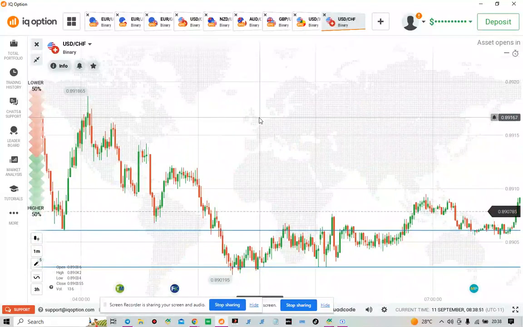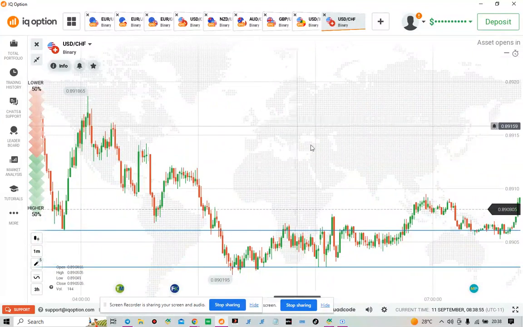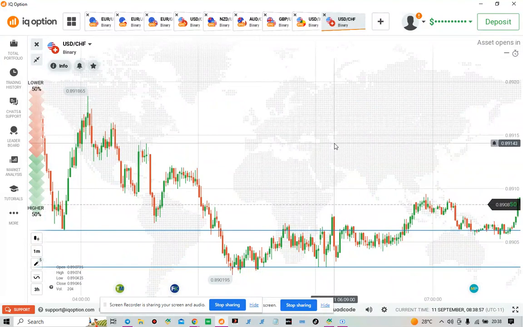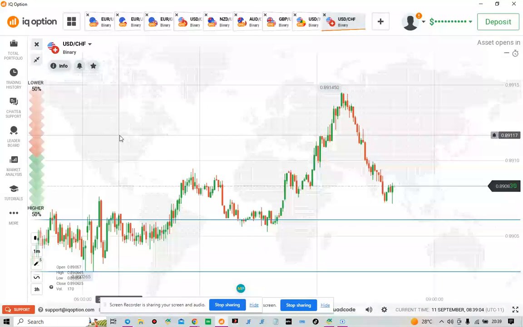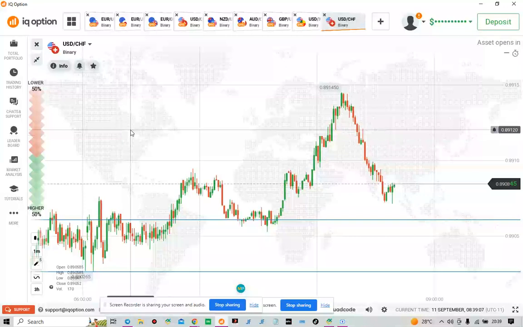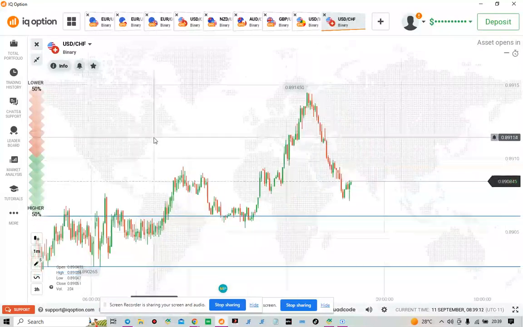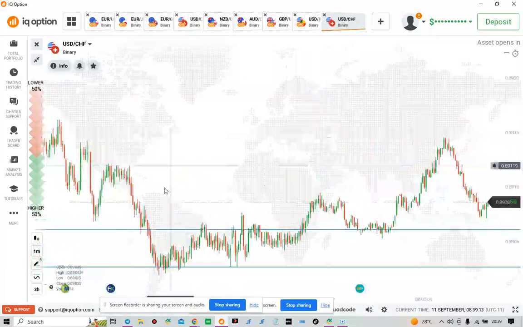If you are able to analyze the market structure like this, believe me, trading will be a lot easier for you, especially binary option. If you analyze the market like this, you will make profit every day in binary option. But there are some times when the market will not reverse.